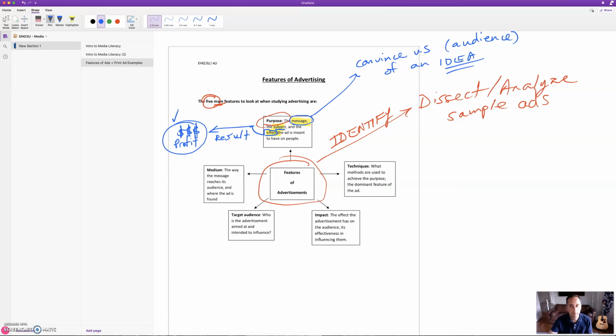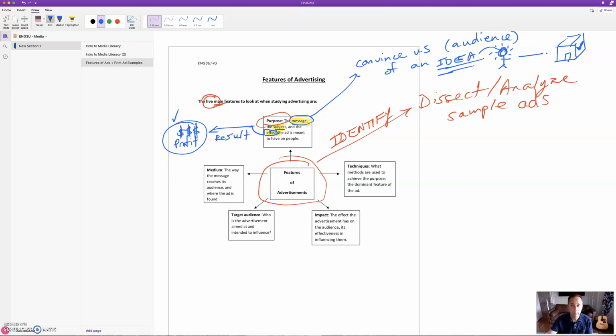Right? It all comes down to, do we believe what they're saying about the product or about the constructed reality that they've created in the ad? Because if we accept this idea, if that idea goes into our minds and then we say, yep, that's what I believe, well then we're going to make decisions based on that. And we're going to go to the store and buy Nike shoes or whatever.